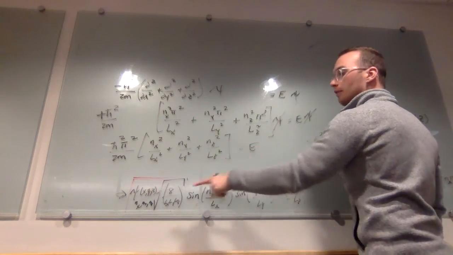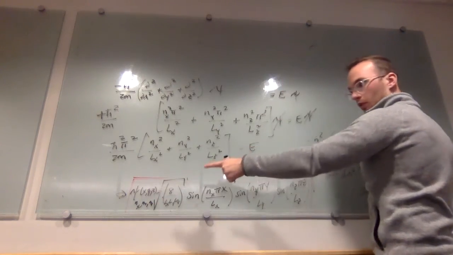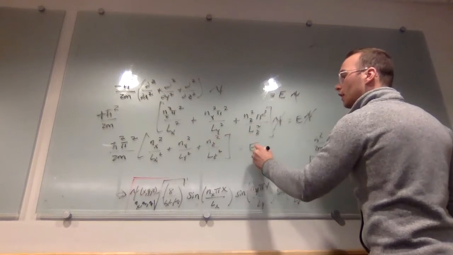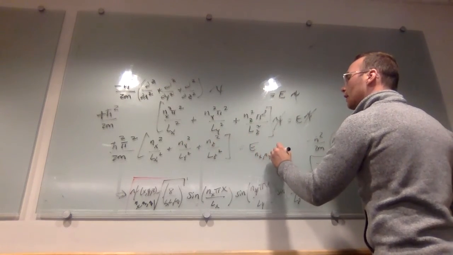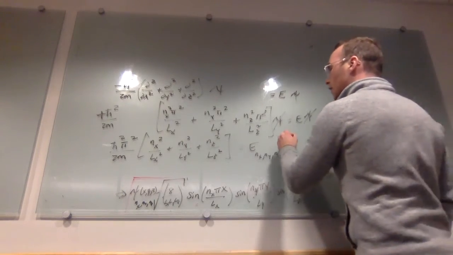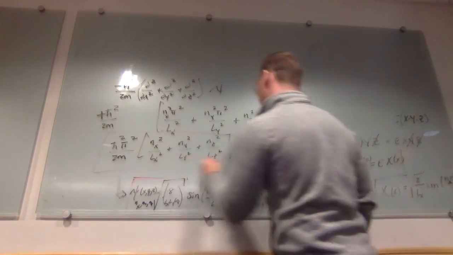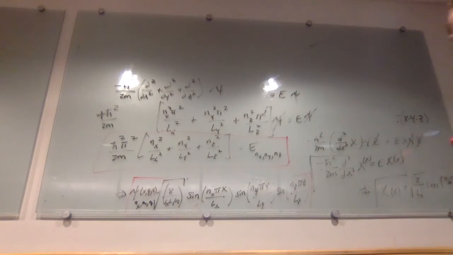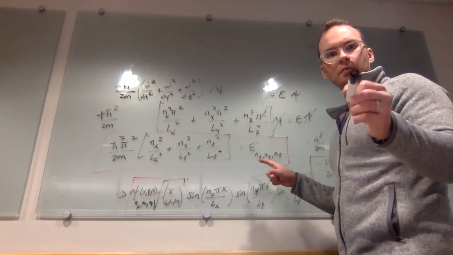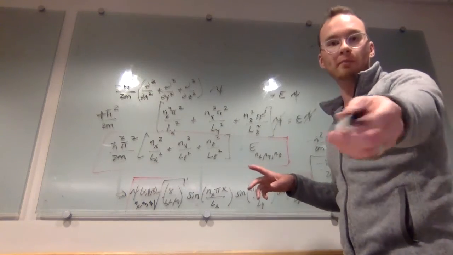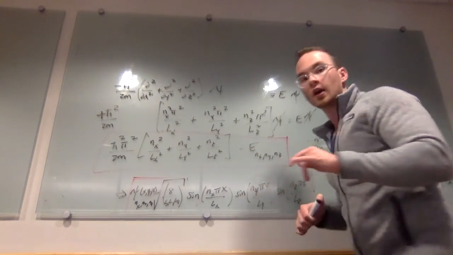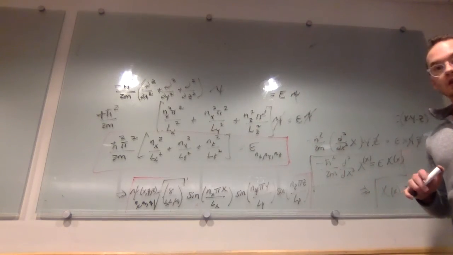This equals E of nx, ny, nz. The wave function had three quantum numbers, so this better have three, and it does. So this is just the other part of the solution. Now the difference between this and what's written on the web page that was sent in the chat is in equation 20.